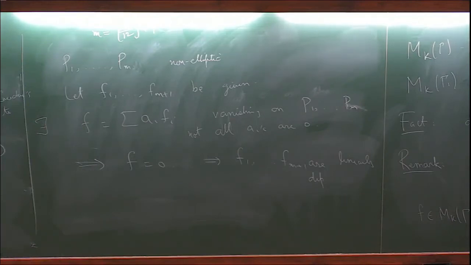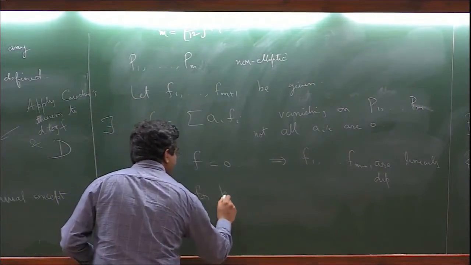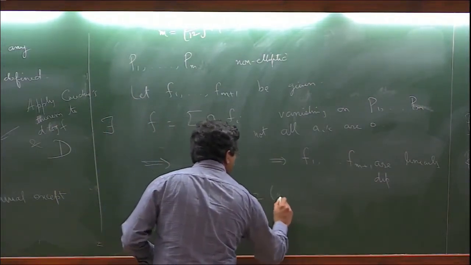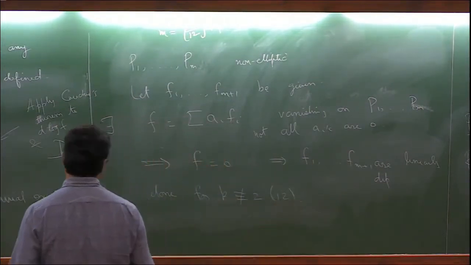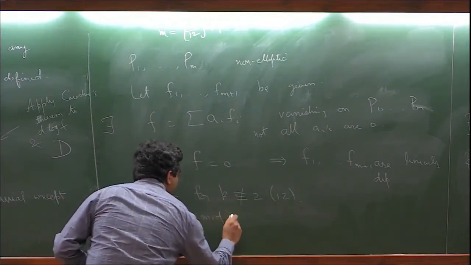And when k is congruent to 2 mod 12, you can do slightly better by seeing that because this is an actual equality here, this can only happen when there is a simple 0 at omega and i. So done for k not congruent to 2 mod 12.